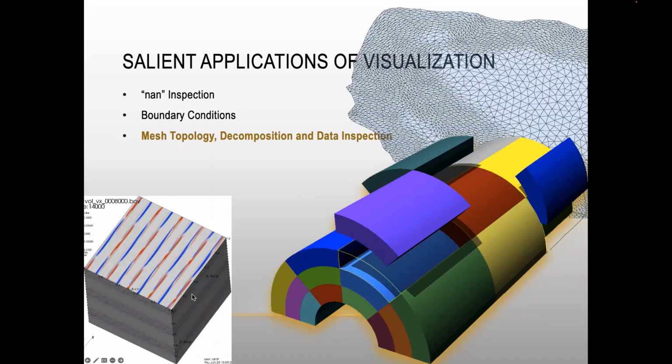On the left side at the bottom, you see a cube showing this red, blue, and white pattern. This is actually the same data as the earthquake simulation which I showed in the previous video. In this one, the simulation wrote the data in some format, and when we were doing some translation for analysis or changing the format of the data, a bug was introduced in the code, and the loops for XYZ were mixed.